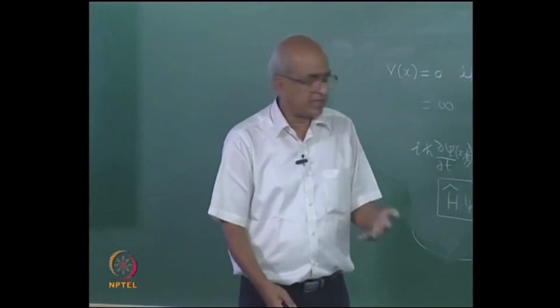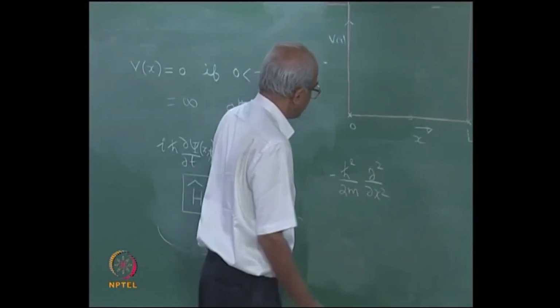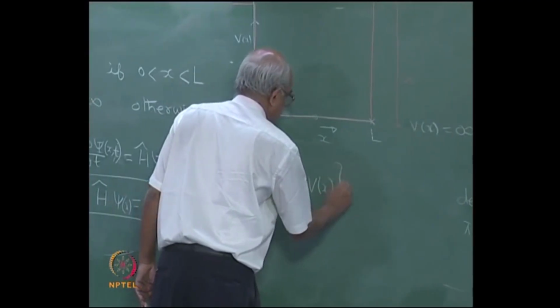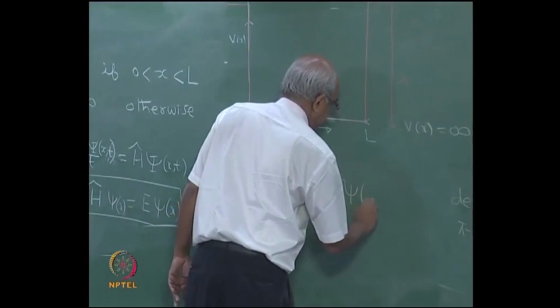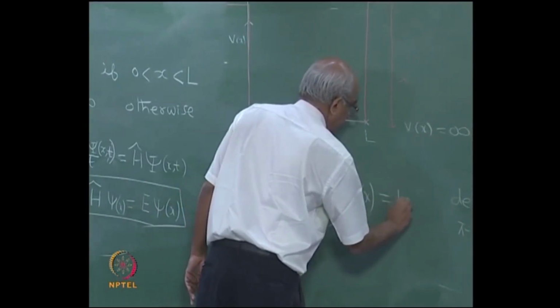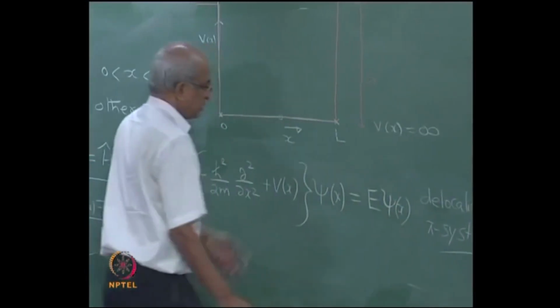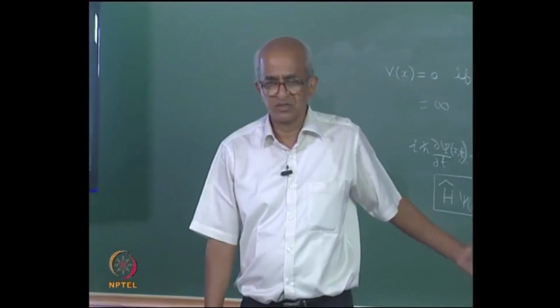The Hamiltonian contains kinetic and potential energies. So, minus h cross square by 2m dou square upon dou x square plus V of x is my Hamiltonian operator. This is the eigenvalue equation that I should solve.